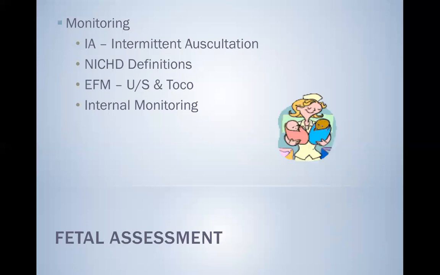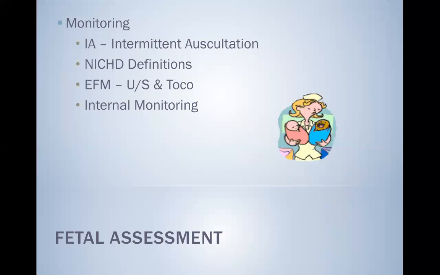The NICHD definitions were put into place to help nurses and providers have common terminology that is defined and has meaning. So for instance, I mentioned category 1 on the last slide. We have 3 categories: category 1, category 2, category 3. Category 1, I described on the last slide.